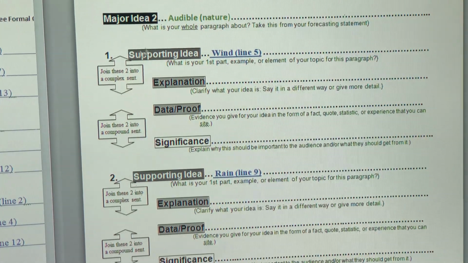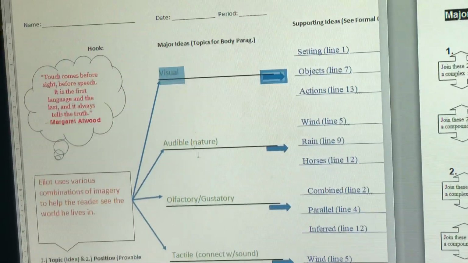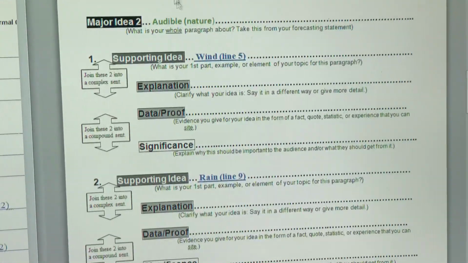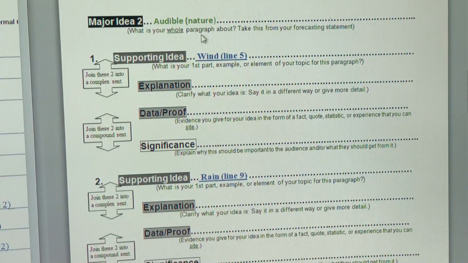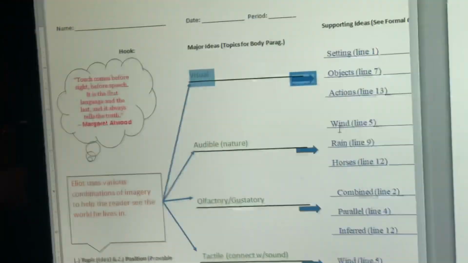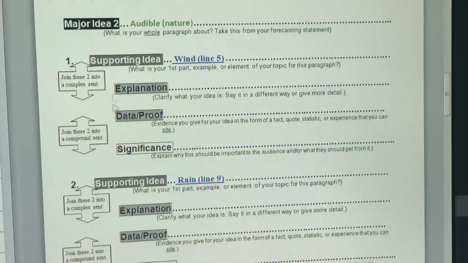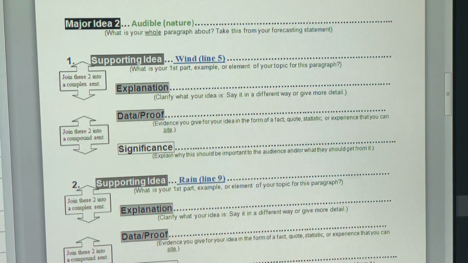Notice how before I had these all in green, just so I didn't get confused. I kept it in green over here as well. And then there's my supporting ideas, 1, 2, 3, supporting idea, supporting idea, supporting idea.